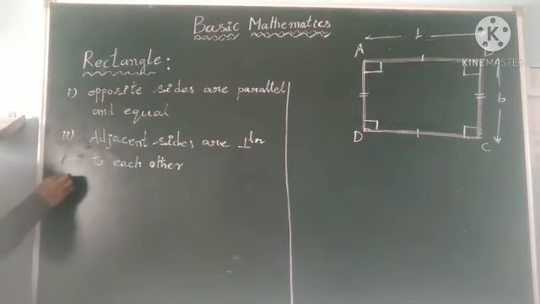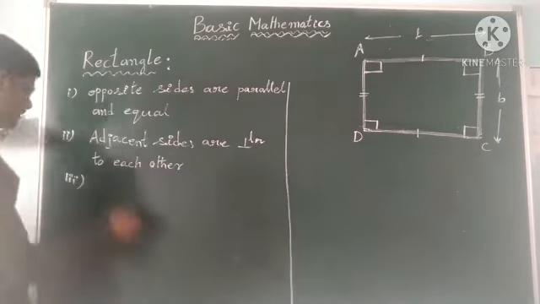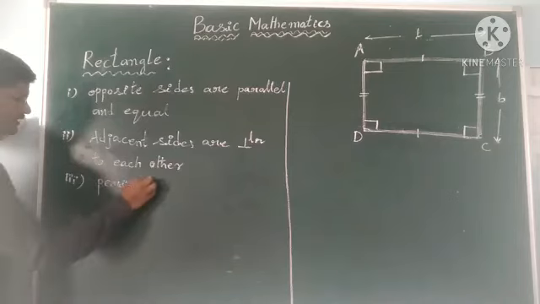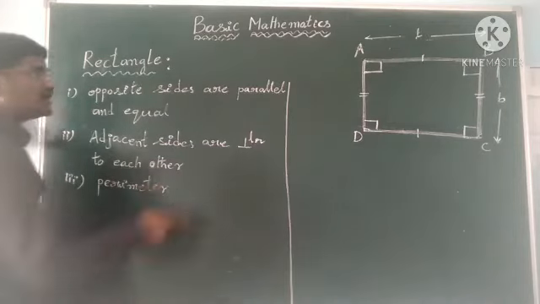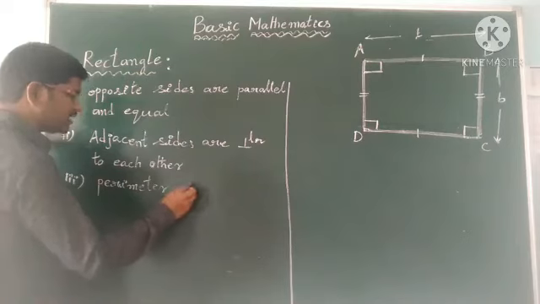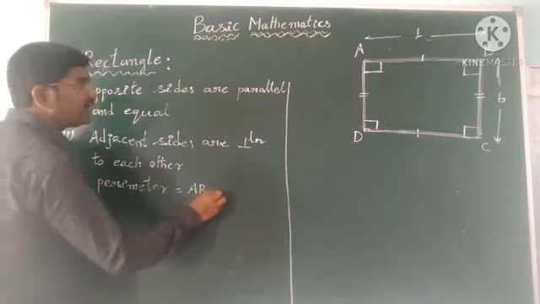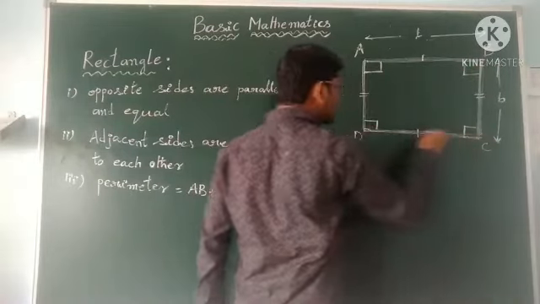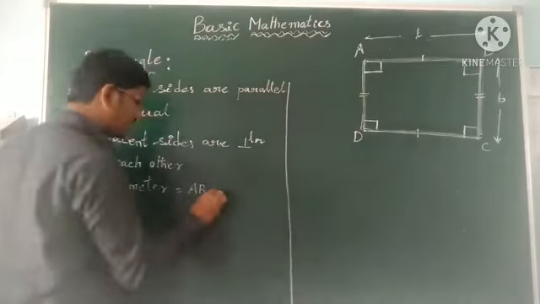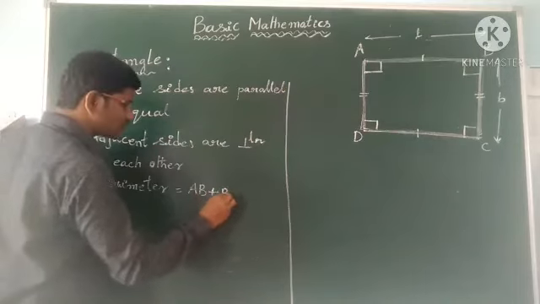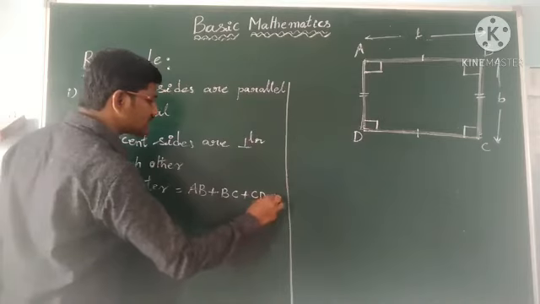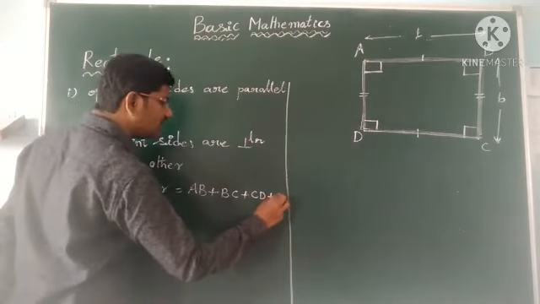Okay, and now the next one is perimeter. So perimeter means you have to write perimeter is equal to AB. Perimeter means total boundary: AB plus BC plus CD plus DA.